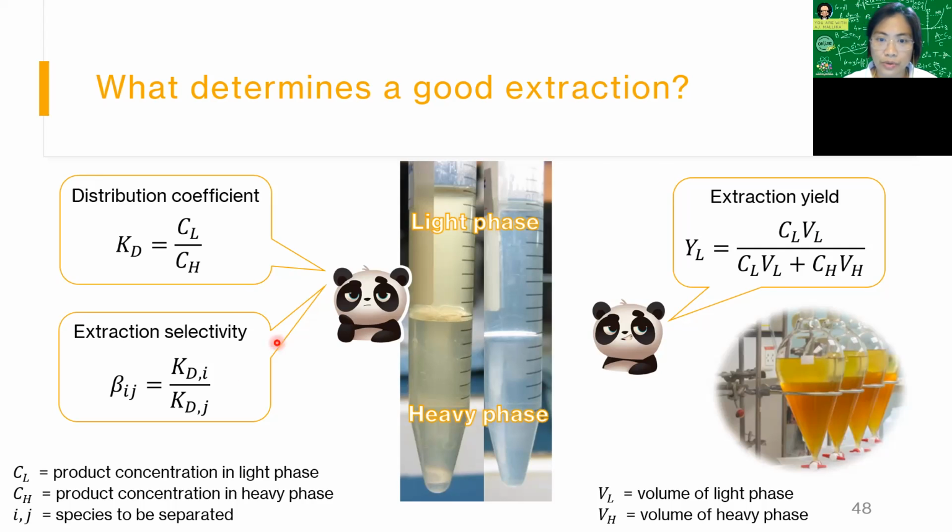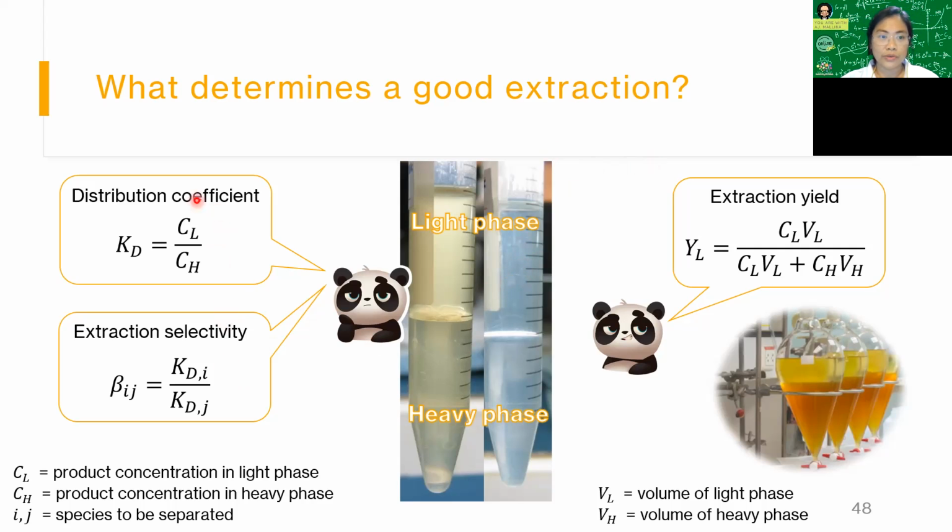So if you have your product and an impurity, and you are going to use, for example, this light phase as a solvent to obtain your product, you have to make sure that your product can dissolve more than the impurities in the light phase.